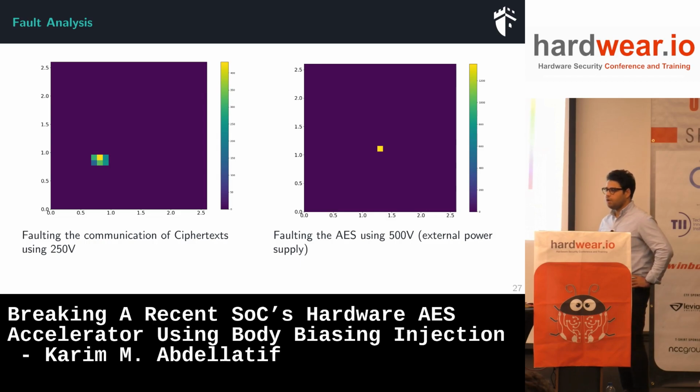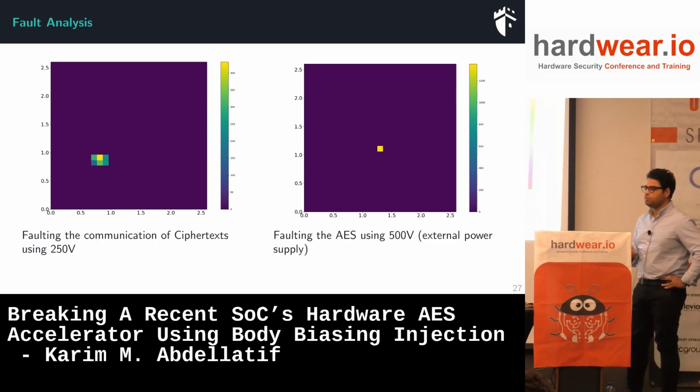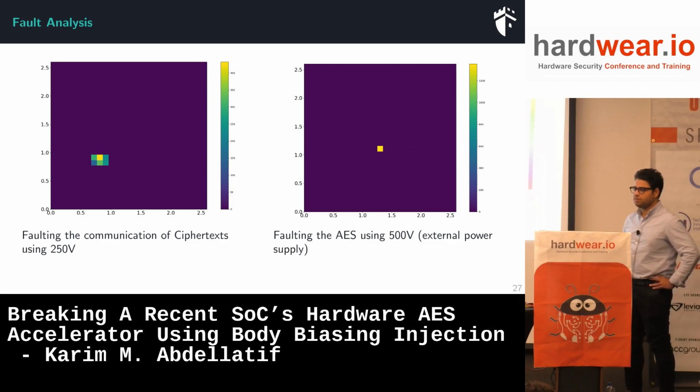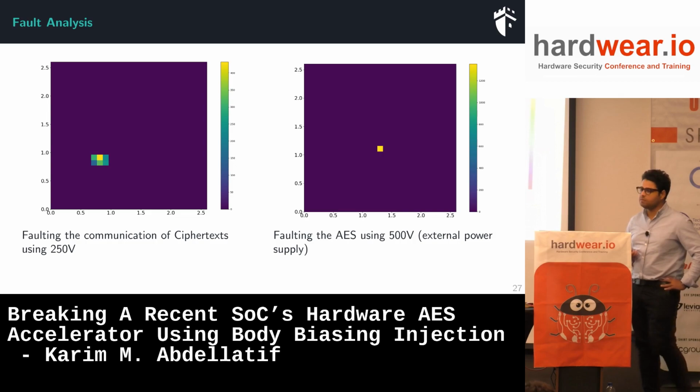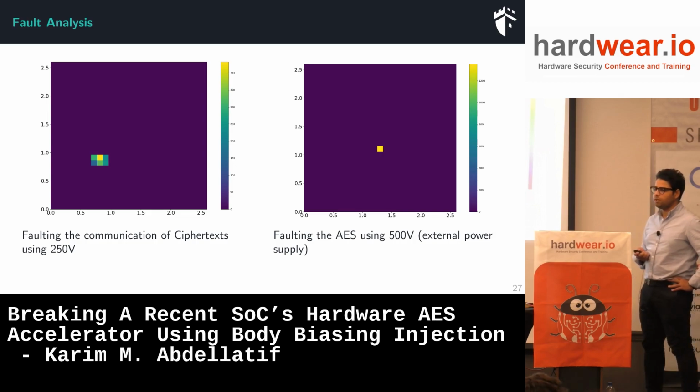The output is the ciphertext, and I modified some ciphertext values to zeros or ones, only 4 bytes of the ciphertext. So it seems to be the communication of the ciphertext. I think I already faulted the MCU in this case, because it's used for loading a value into the register.